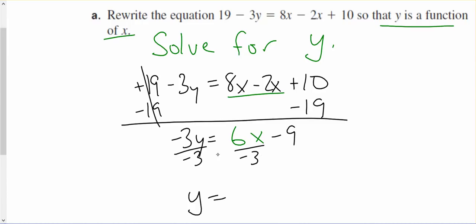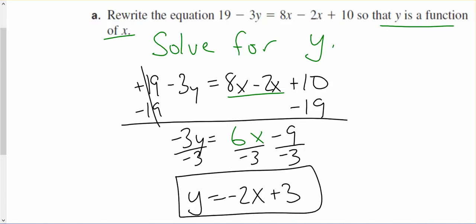When we've got a subtraction or an addition symbol and we're dividing into a quantity, we need to divide to both quantities. We need to divide 6x and negative 9, both terms, by negative 3. So 6x divided by negative 3 makes negative 2x, and negative 9 divided by negative 3 makes positive 3. And now we've solved this equation for y.